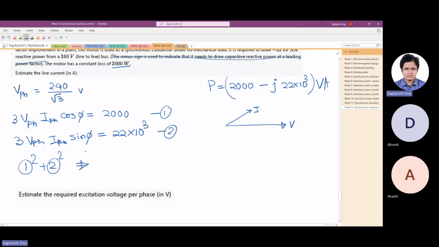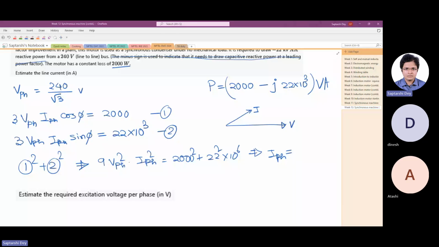That will give you, from here you can find out the phase current, which is also equal to line current because it's star connected.